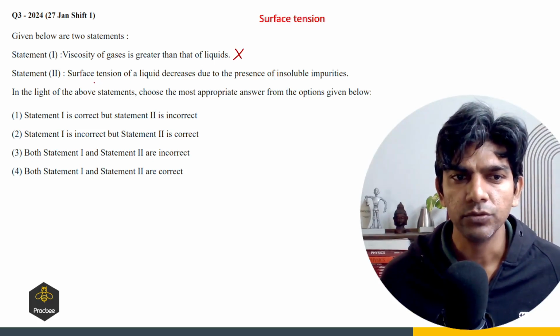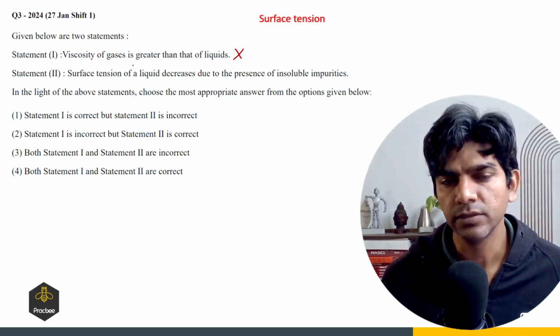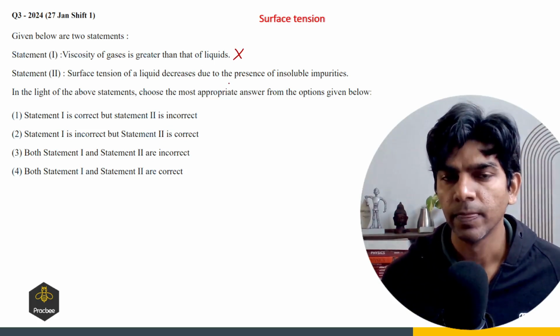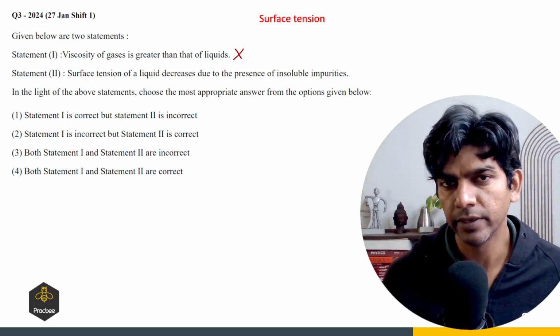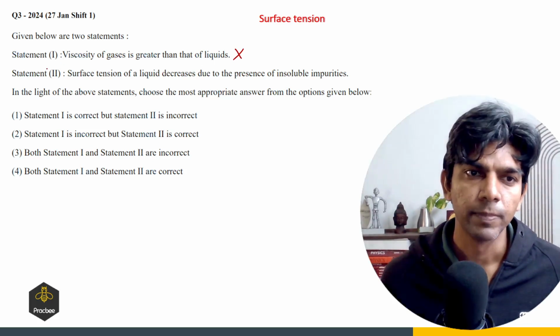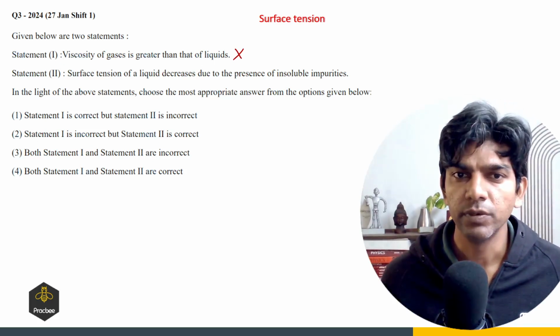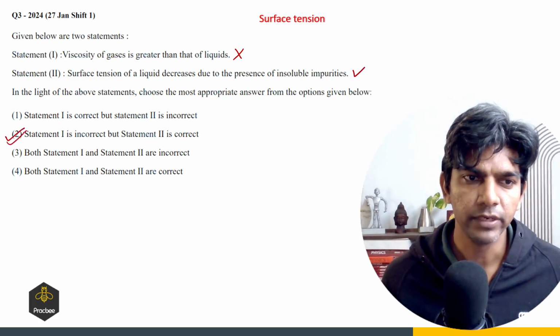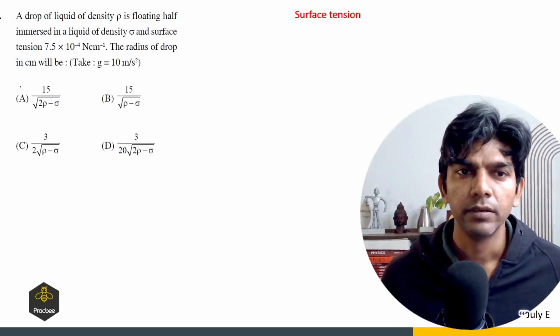So in this case, when we add some impurities, surface tension decreases because of the change in the force. So here the adhesive force of the insoluble impurities will alter the surface tension, so it will decrease. So statement 2 is correct, statement 1 is incorrect, so it should be option 2, right? Right, let us see the next question.